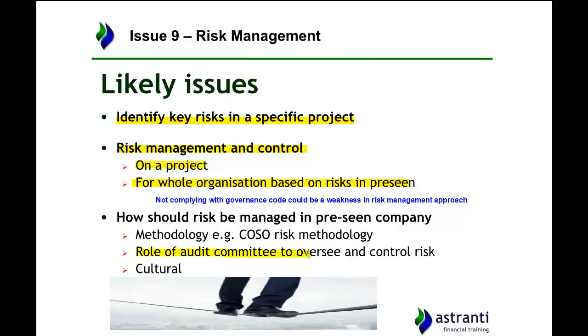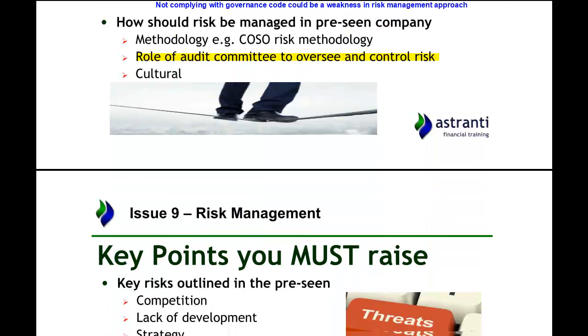Again, on the governance page, there was no mention of an audit committee, which of course is a committee comprised of non-executive directors, ensuring that the operations of the company are all above board. If there's no audit committee, that again is a weakness in the company's approach to risk management.